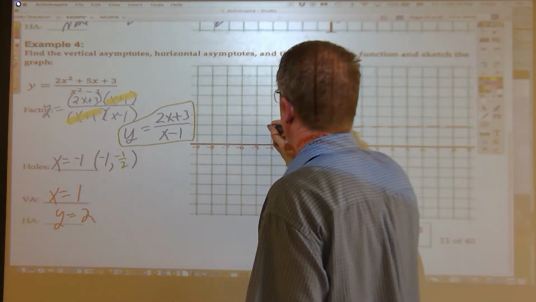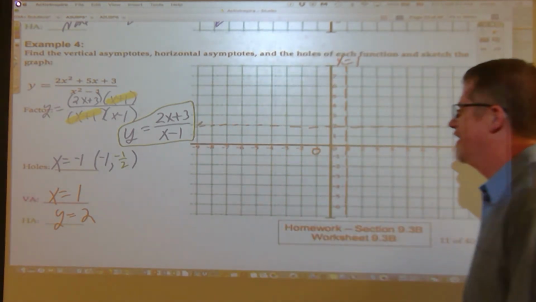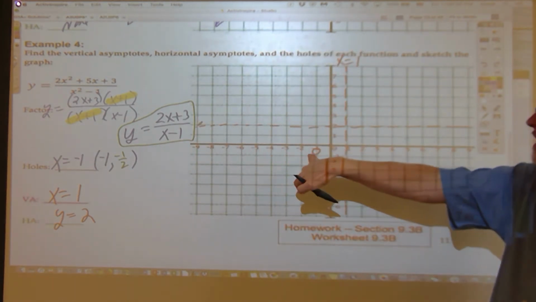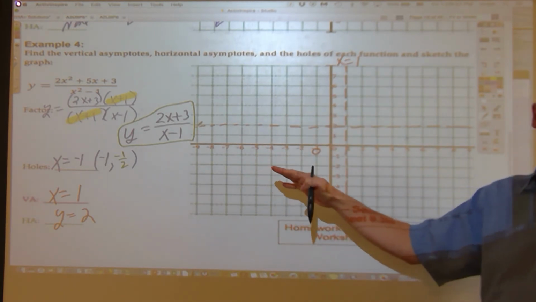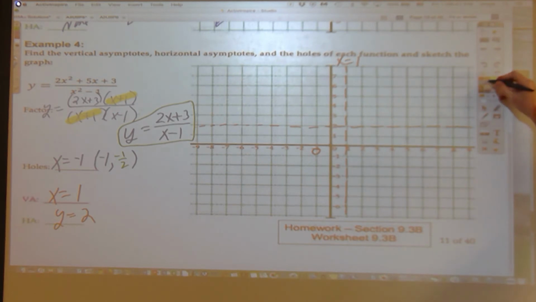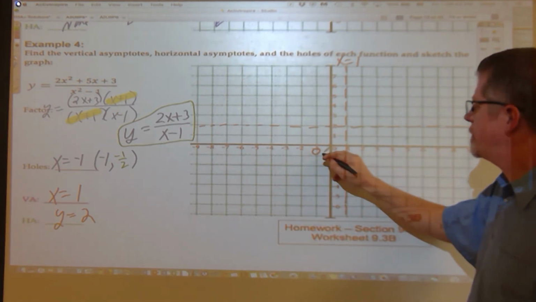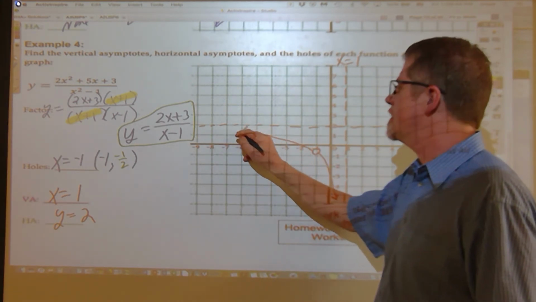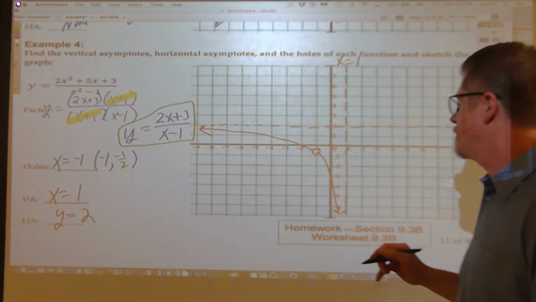Okay, so now, what I'd like you to do is draw the branch that goes down here, the branch that includes the hole. And honestly, as long as you just get the general shape of it, honoring the asymptote, make sure that the graph gets closer and closer to the asymptote as you go, then you're fine.